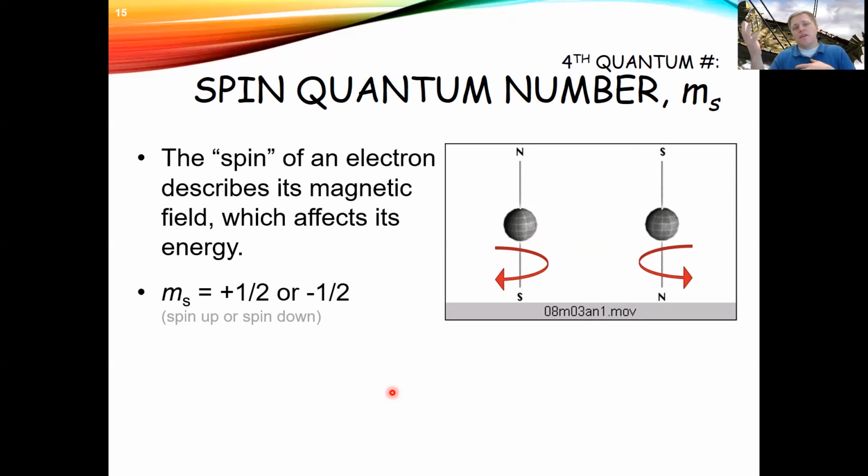But you can either have a positive or negative spin, which would result in either a north or south facing magnet. So what we're saying now is these electrons have opposite magnetic spins, and because of that, even though they have the same electric charge, they're still trying to repel each other electrically.